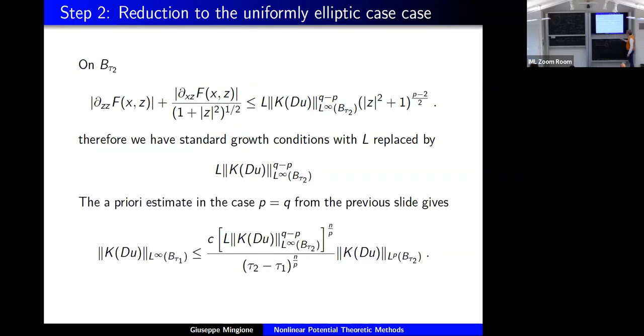Now, what you do, you use the previous lemma, you run Moser's iteration, with the new dependence of the constants. It's not L, it's L times this to the N over P. This is what I showed you before. And now you want to prescribe that this object, Q minus P times N over P, is less than 1 to reabsorb.